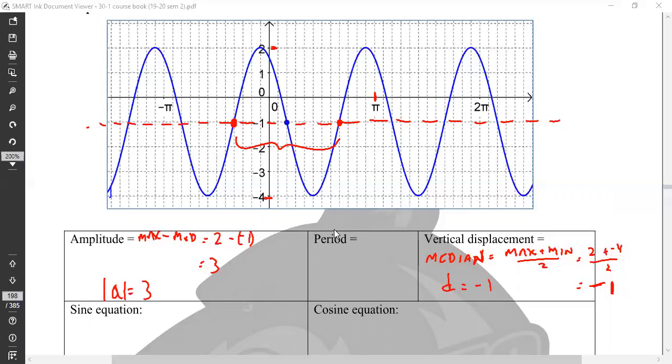And to go from here to here, we're going to go 1, 2, 3, 4, 5, 6, 7, 8, 9, 10, 11, 12. So it looks like we have 12 grids in between those start points. That means our period is pi. That means b is equal to 2 pi over period, so 2 pi over pi, which means b is 2.